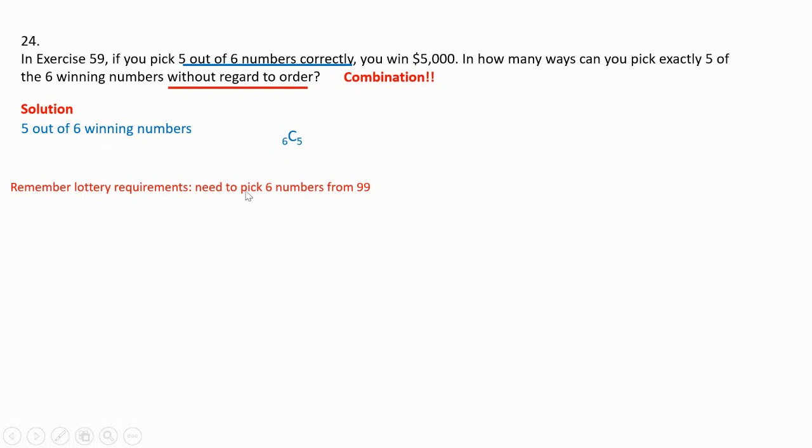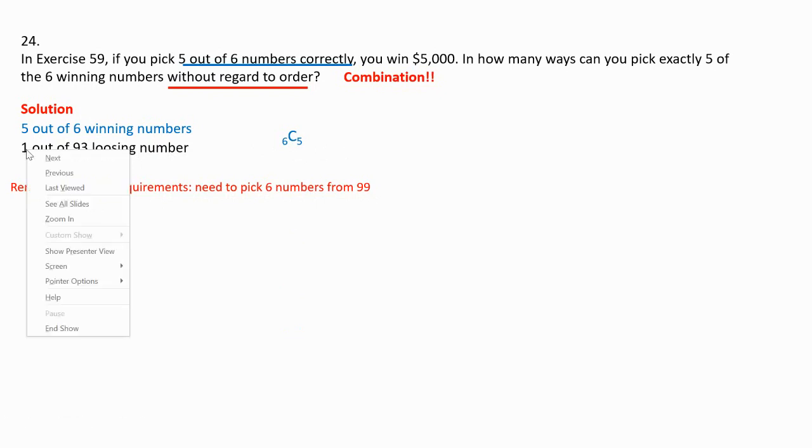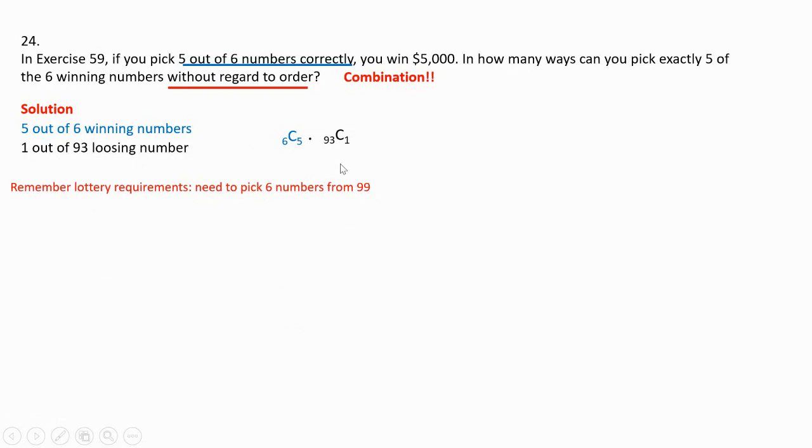Okay, but remember the lottery requires to pick 6 numbers from 99, right? So then, if 6 numbers are chosen, it's going to be 93 left. And if you already picked 5 numbers, you need to pick another one. So that's why this one's going to be 93 combination 1, right? And again, the 99 total.